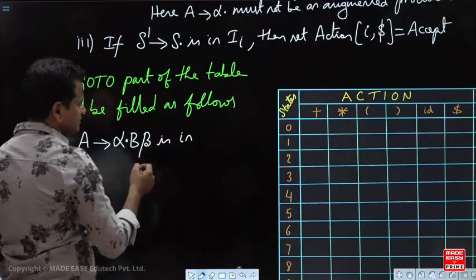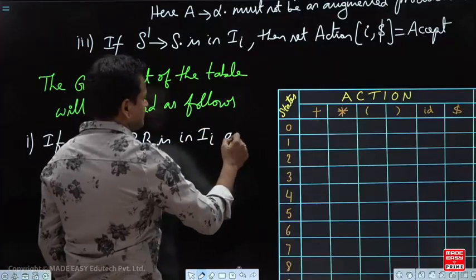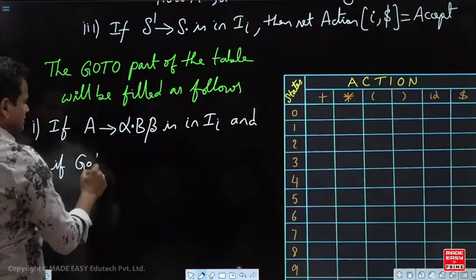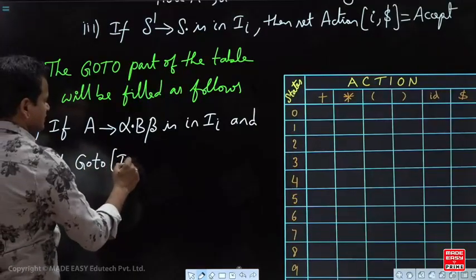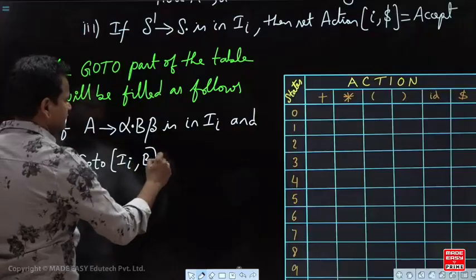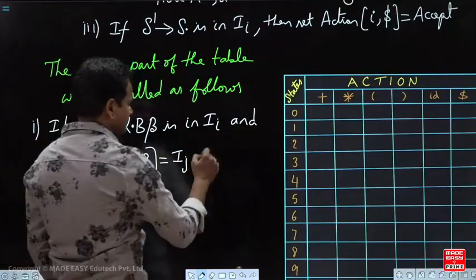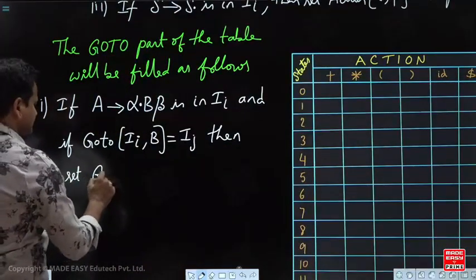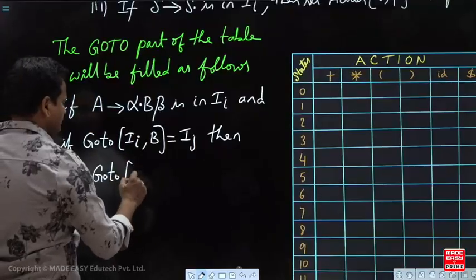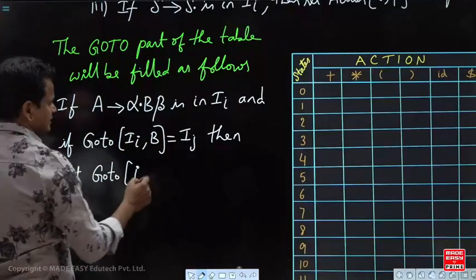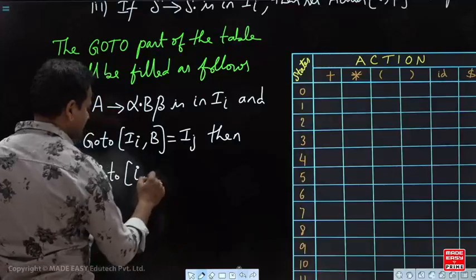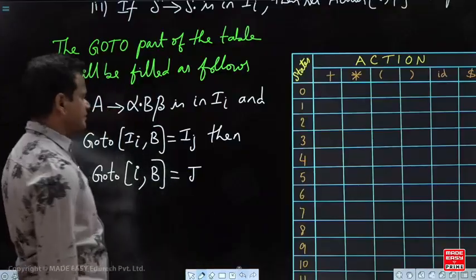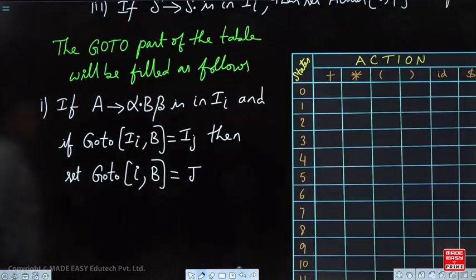If A derives alpha dot B beta is in Ii, and when you write the goto for this shift symbol, goto of Ii comma B, if it is going to Ij, then set the goto part of the ith row, because it is Ii, and here the non-terminal is B, so the bth column, it is going to Ij, therefore simply j. Copy this one. The only one rule.